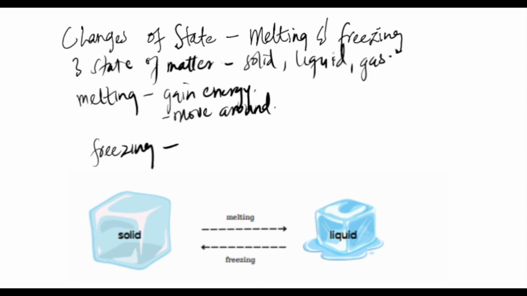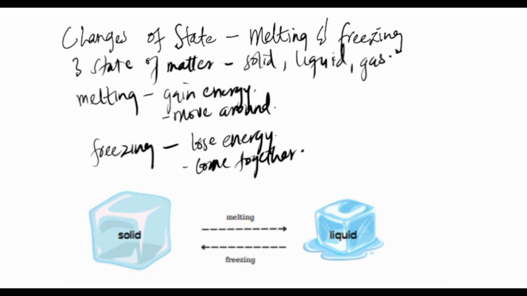Once we lower the temperature, the particles lose the energy that they have and they start to come together. And when that happens, they become solid materials or substances. So that's what happens with freezing.